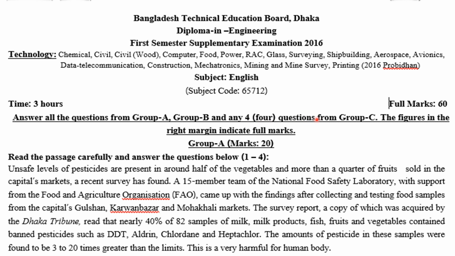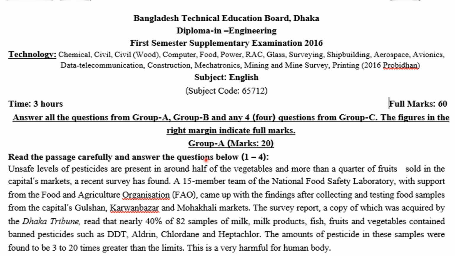The figures in the right margin indicate full marks. Group A, total marks 20.